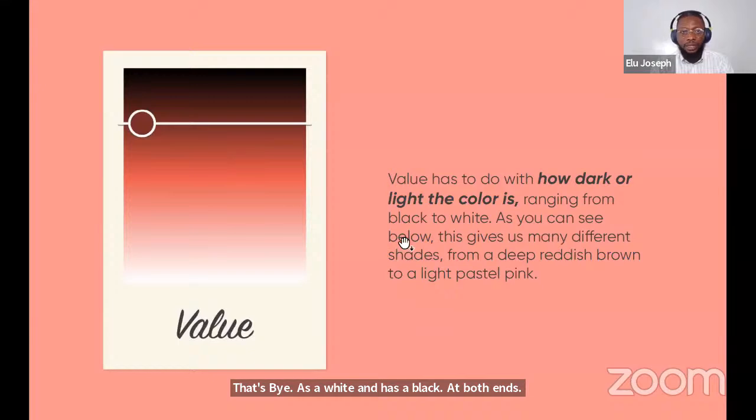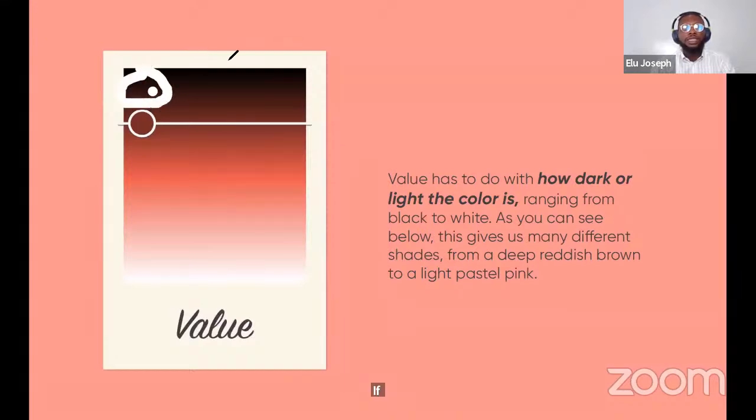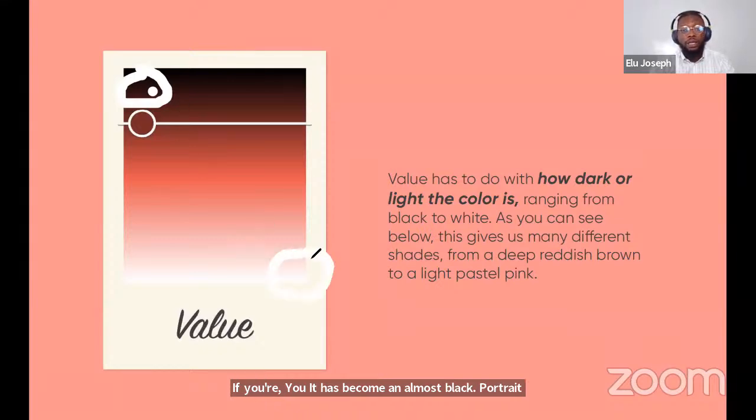So as you can see here, red. If the red moves to here, it has become almost black but red, right? That becomes a very dark red. If it comes to somewhere around here, it's no longer going to be called red.